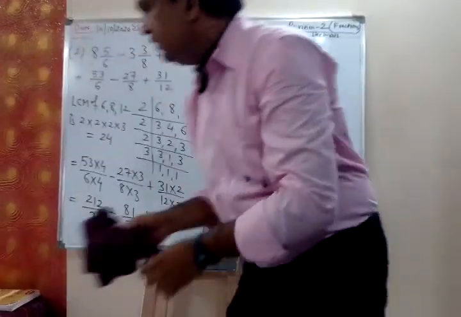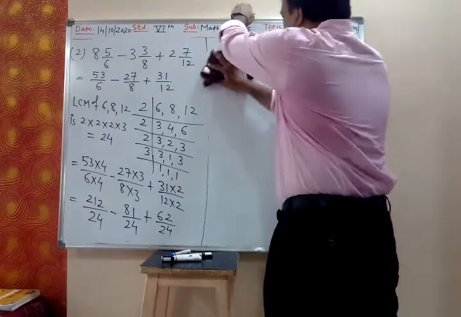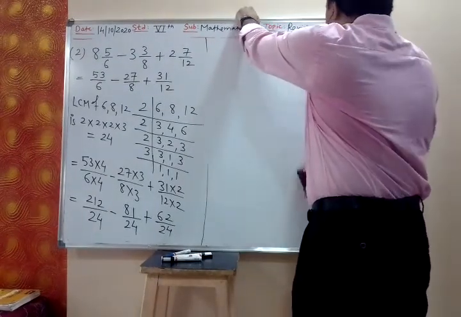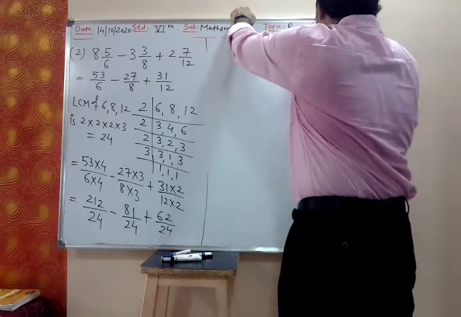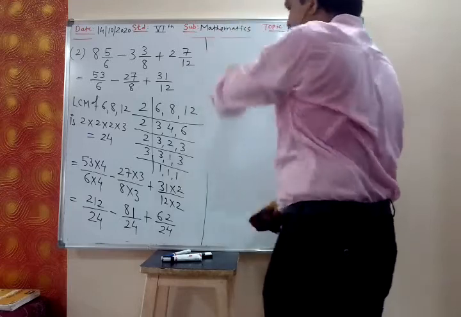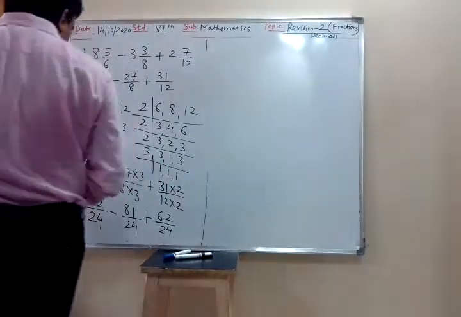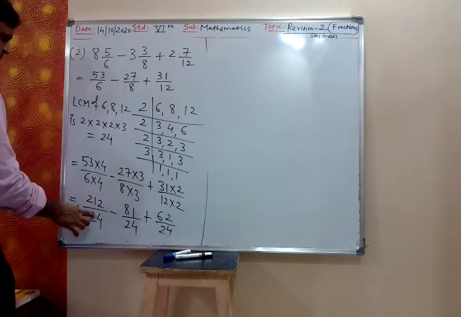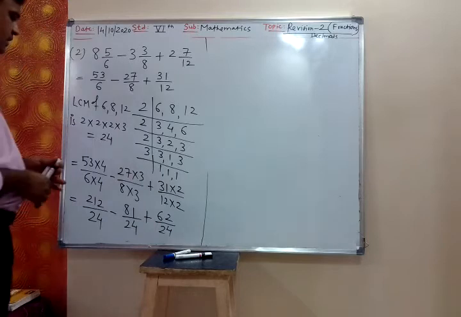Multiply by 12. 212 upon 24, 81 upon 24, 62 upon 24.